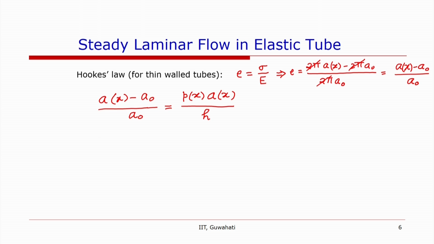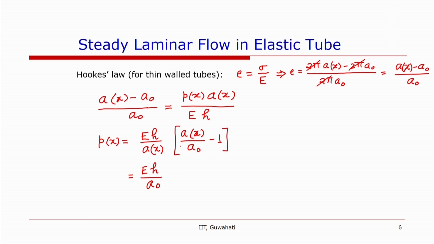So we will have Px equal to EH over Ax into Ax by A naught minus 1, or EH over A naught, where we take Ax by A naught out, so this becomes 1 minus A naught by Ax. So that is one relationship for Px.